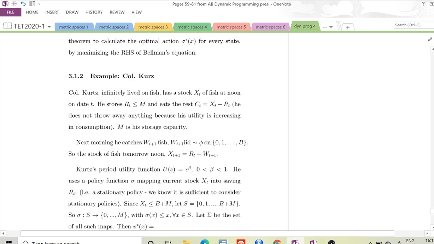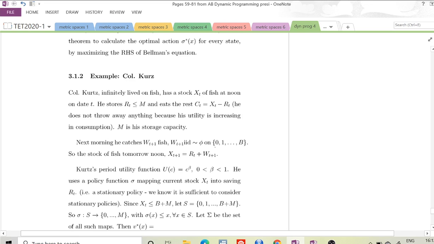And if that interest is stochastic, for instance maybe I've saved in equity, then the value of the asset that I'll have tomorrow corresponds to the stock of fish that I'll have tomorrow afternoon, which is x_{t+1}. It's what I saved, what I stored, r_t, plus what I caught. So in this example, I caught W_{t+1} fish, and W_{t+1} is an IID sequence distributed according to phi on this set.